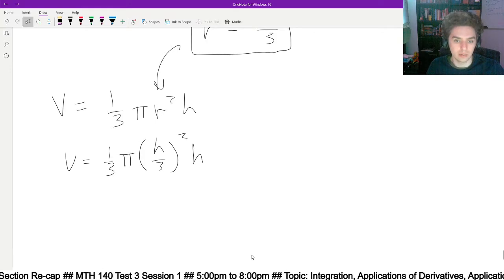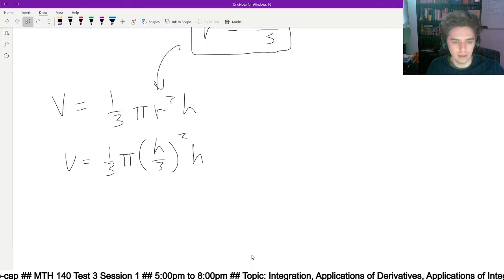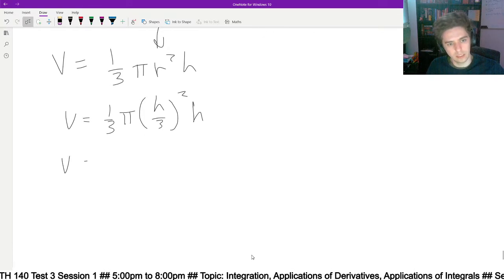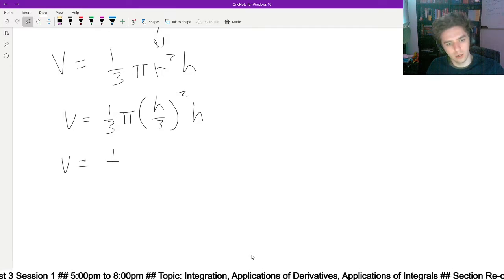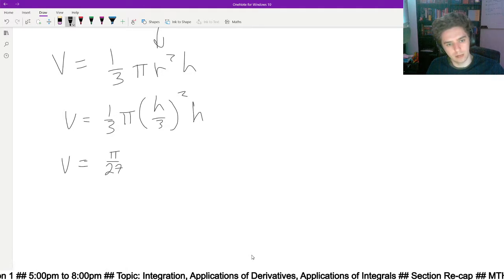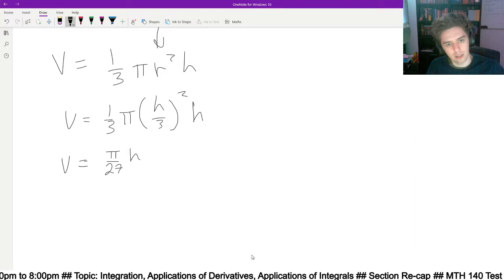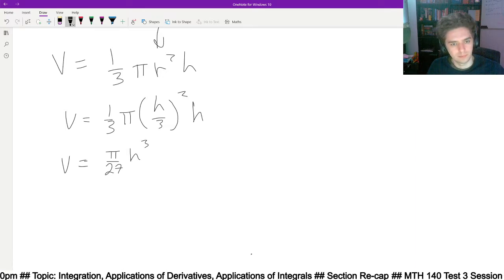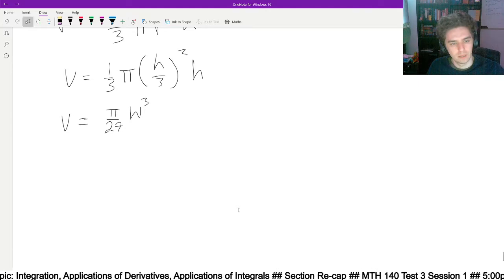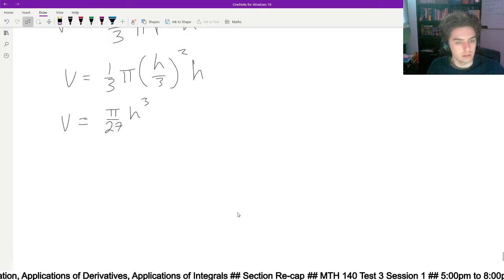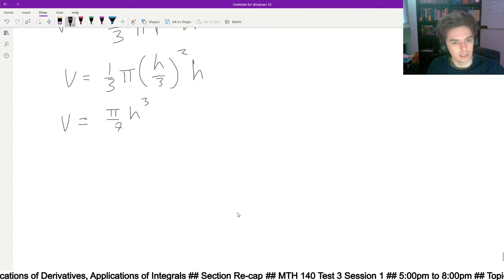And now I can take the derivative. Would I take the derivative now? Yeah, I will. So V equals pi over 27 h cubed. Yeah. And now I'll just take the derivative. I'll just do that normally.